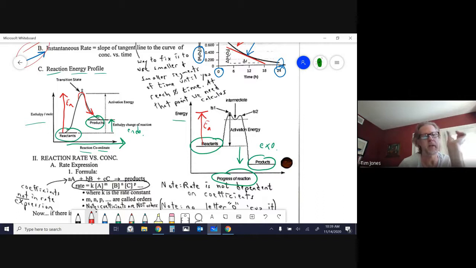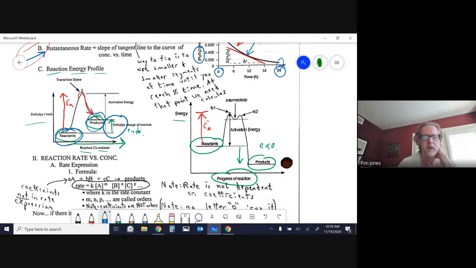Now, there's a variety of interesting things about this chart to talk about. First thing to notice is that delta H, the enthalpy, has nothing to do with the hill at all. The only thing delta H cares about is where you start here and where you end here.